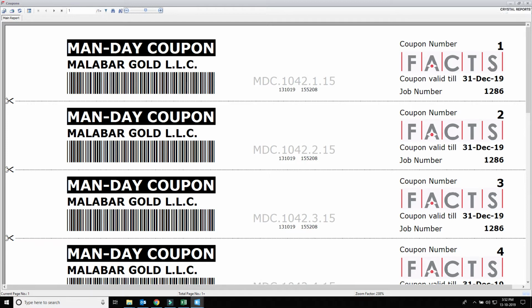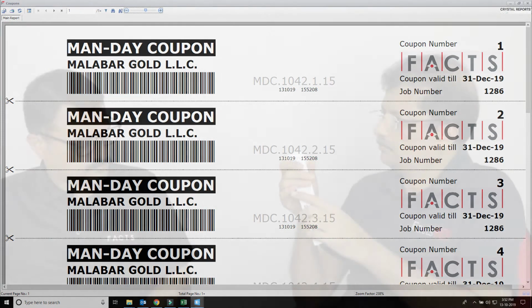So serial numbered coupons are issued using a Monday coupon issue voucher, the source document, a material issue voucher available in Fax ERP. So we have made a printout, and such coupons are being made.